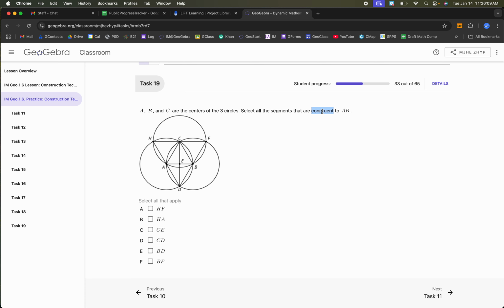So which segments are exactly the same length as AB? Well, where's AB? AB is right here, from there to there. And notice that since these are circles, what is AB? I'll give you a hint. It's a radius. Find all the segments that are exactly that long. That's the end of the video. Answer the question.